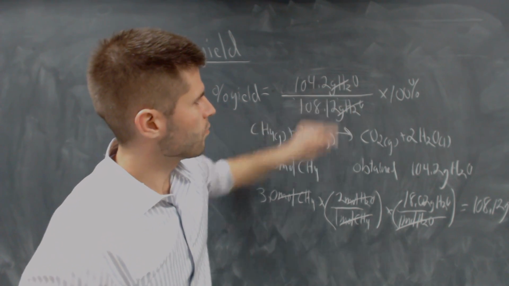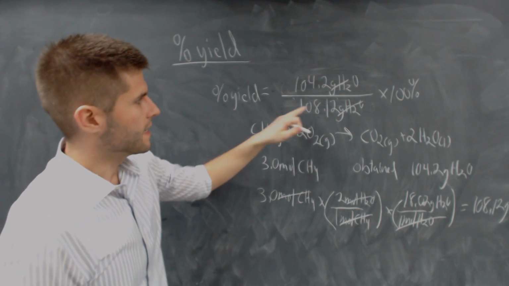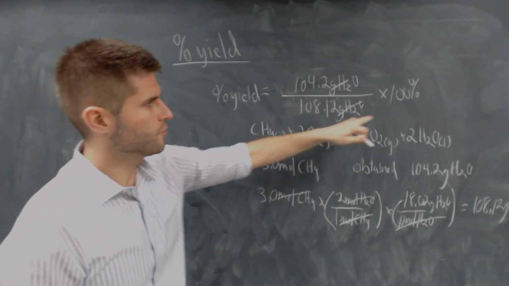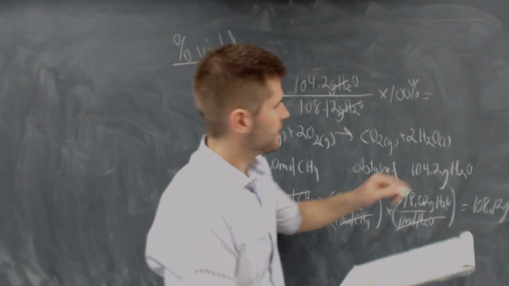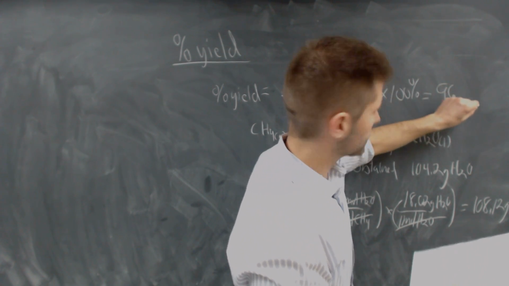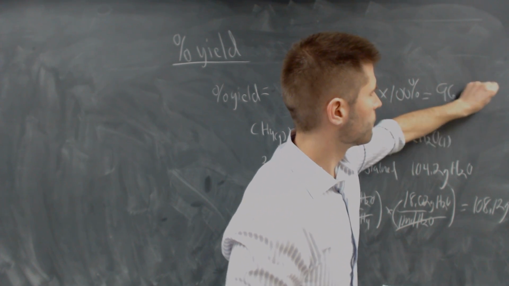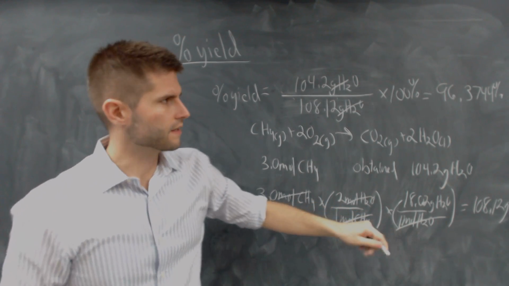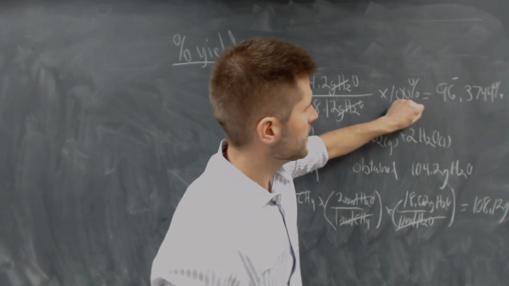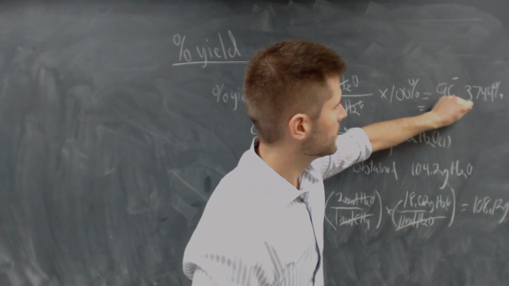You'll notice the grams of water cancel. This is a unitless value except for the percent. If we multiply all this out, we end up getting 96.3744%. And if you followed all of the significant figures, this would only have 2 sig figs, and we would end up with 96%.